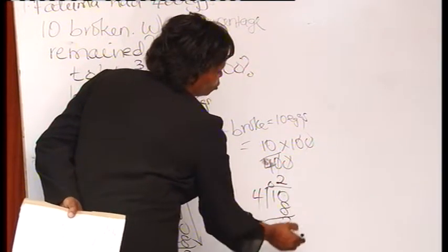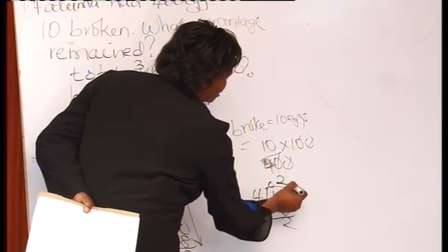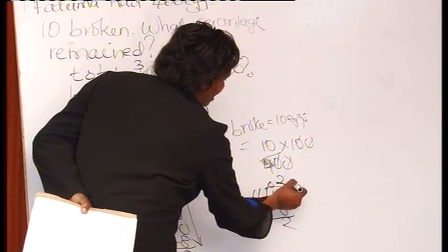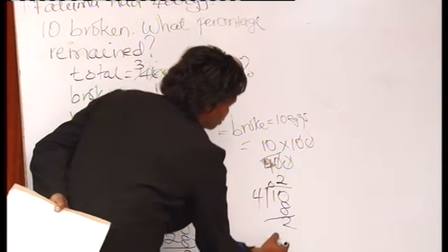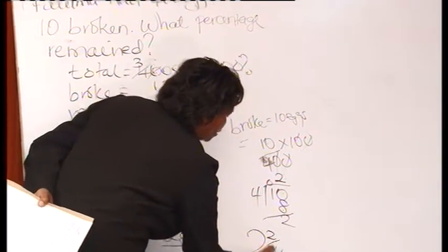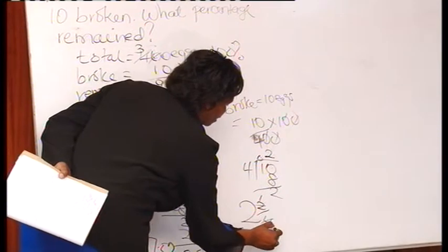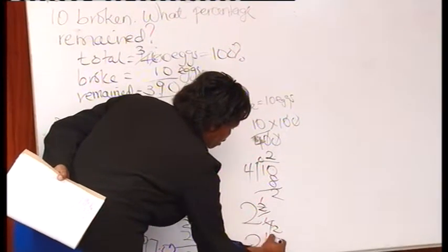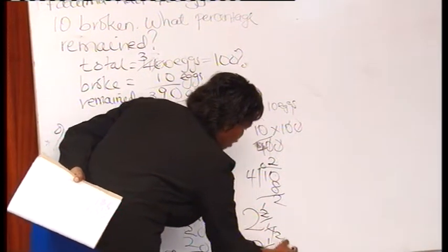Since I have nothing to drop, I can write this as a fraction, 2 and 2 over 4. Then I simplify, and the answer will be 2 and 1 over 2%.